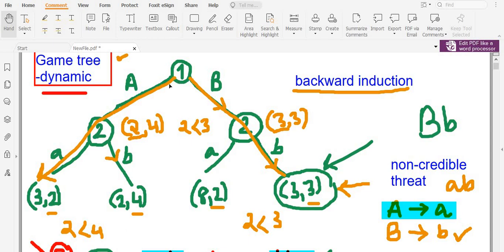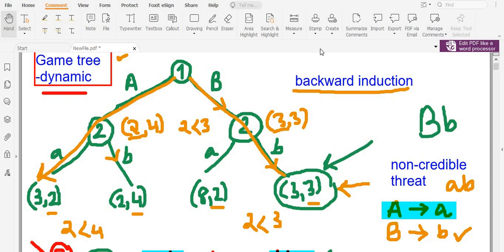Essentially, if player 1 chooses capital A, player 2, given that he or she is rational, will have to choose small b. So this strategy small a, when player 1 plays capital A, is a manifestation of a non-credible threat. I shall explain more on the concept of non-credible threat using another example where the non-credibility of the threat will be apparent. But here we find that one outcome gets cancelled out.